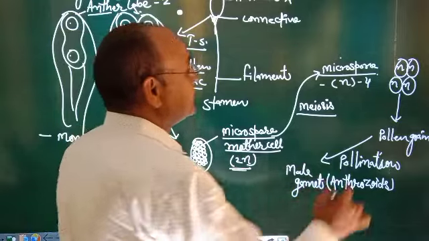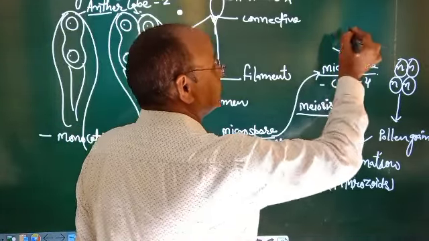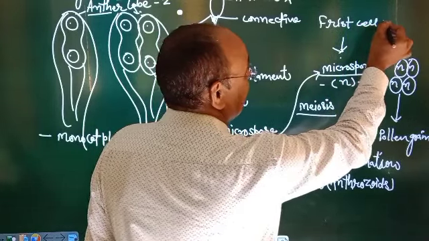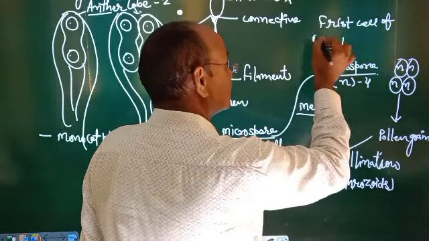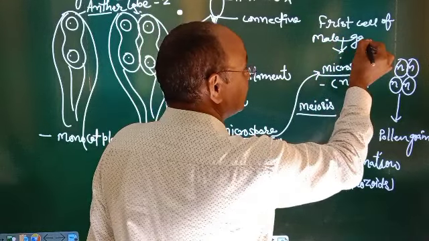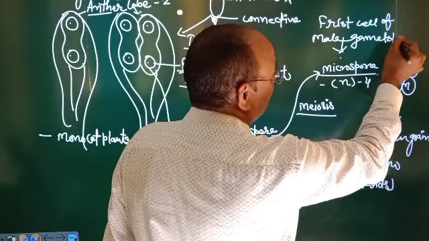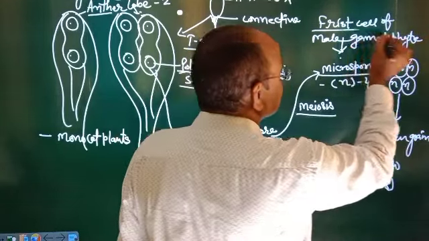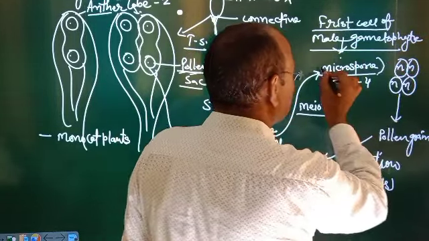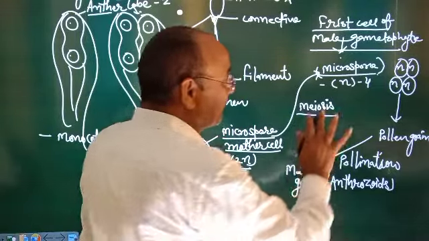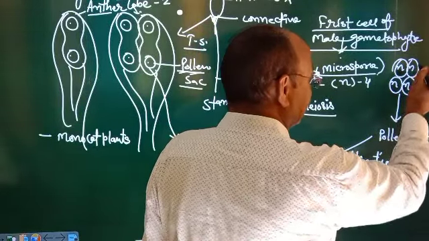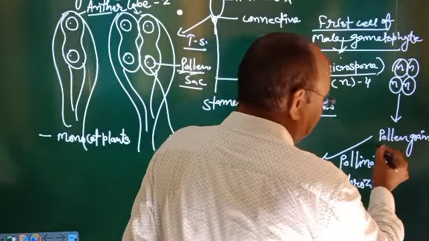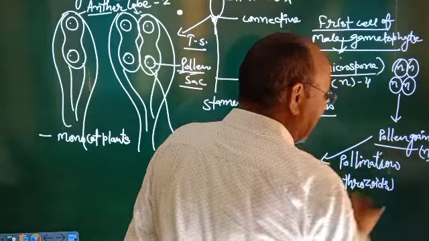In pollen sac, many microspore mother cells are present, which are haploid, and they undergo meiotic division to produce microspores, and the number of microspores is 4, and all microspores are haploid. And the special thing is microspore is the first cell of male gametophyte. So write the name of the first step of male gametophyte. Your answer is microspore. 4 microspores are attached to each other. After some time they detach from each other and convert into pollen grain, and pollen grain is also haploid.